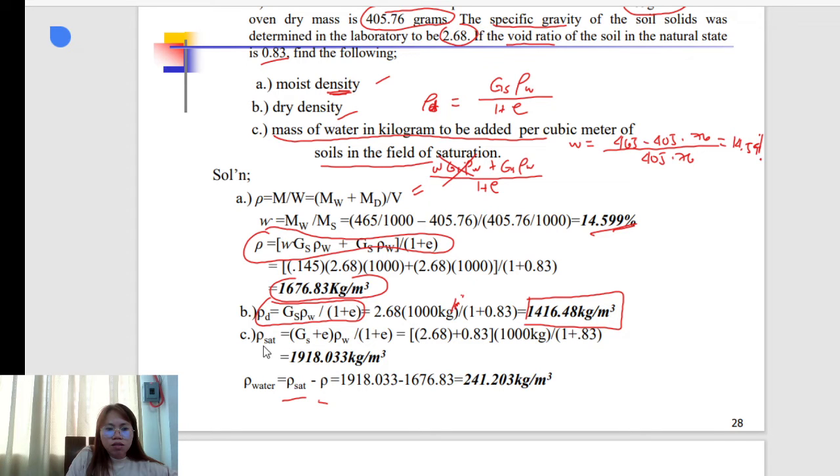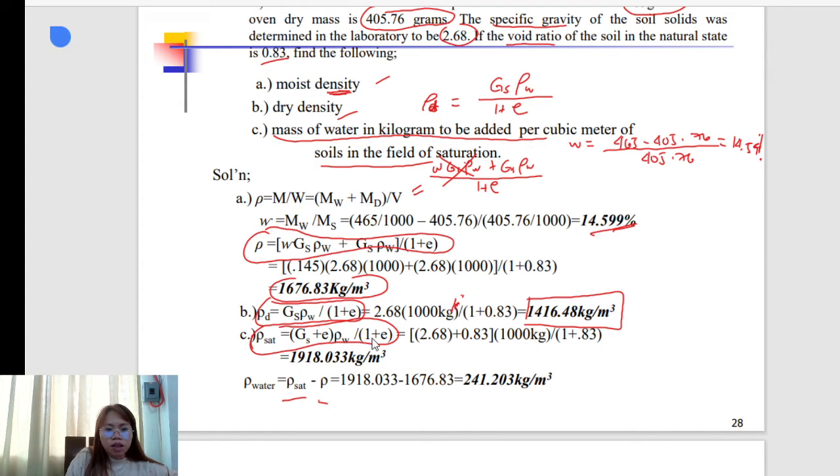To determine the saturated density, the formula is this: specific gravity plus void ratio quantity times the density of water over 1 plus void ratio.